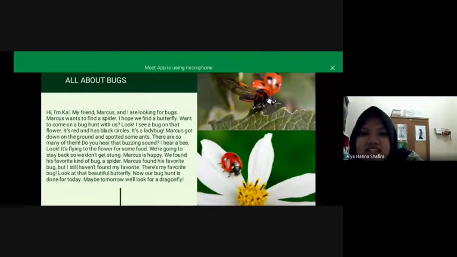We found his favorite kind of bug, a spider. Marcus found his favorite bug, but I still haven't found my favorite. There's my favorite bug. Look at that beautiful butterfly. Now our bug hunt is done for today. Maybe tomorrow we'll look for a dragonfly.